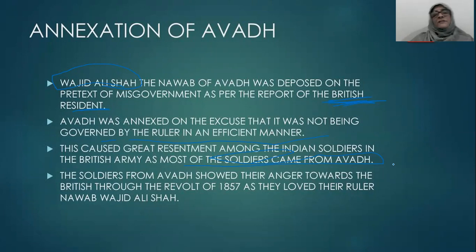No, they were just finding ways. Whatever report the resident would send, they would agree because they were their people. The soldiers from Oudh showed their anger towards the British through the revolt of 1857 as they loved their ruler, Nawab Wajid Ali Shah. Now they can also ask you who Nawab Wajid Ali Shah was.